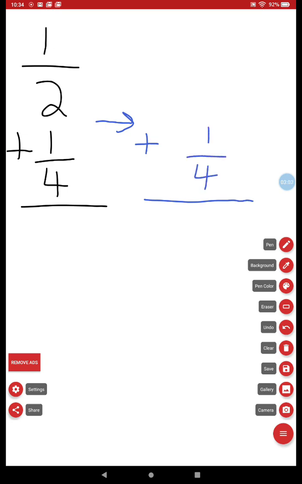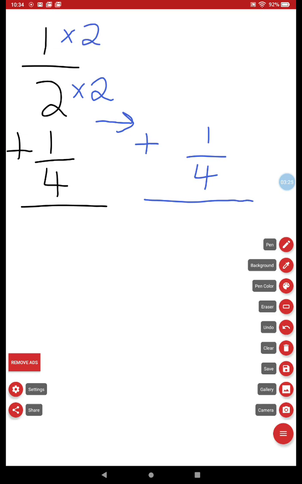Well, what should I change 1/2 to? 2 times what equals 4? Very good, 2 times 2 equals 4. And remember, just like when we simplified, whatever I do to the denominator, I have to do to the numerator. So I'm going to do 1 times 2.